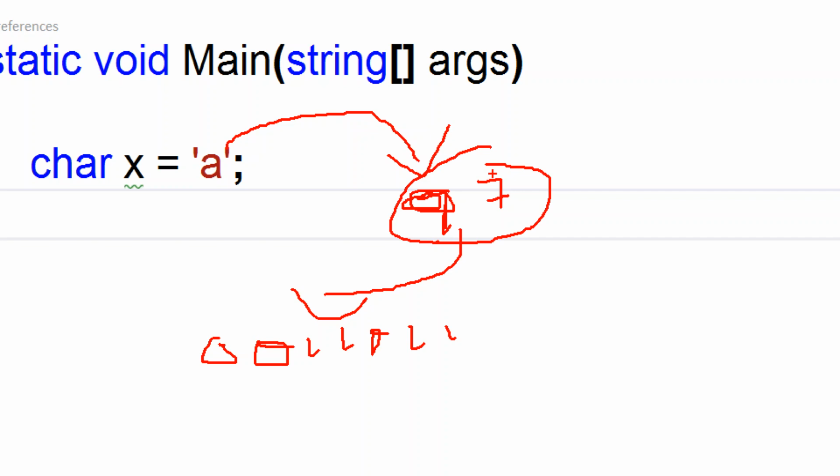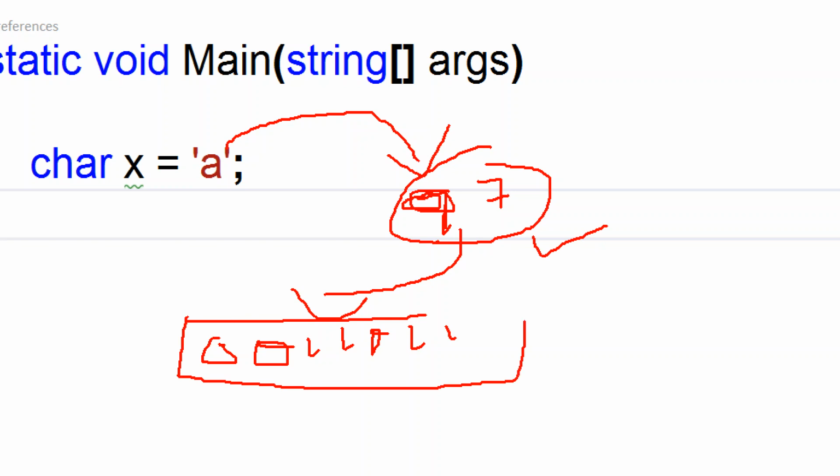Whatever value A, which we assign into char variable X, will first be converted into an ASCII value, and then into binary data, zeros and ones. Every key of your keyboard, every character, is represented with one ASCII value.